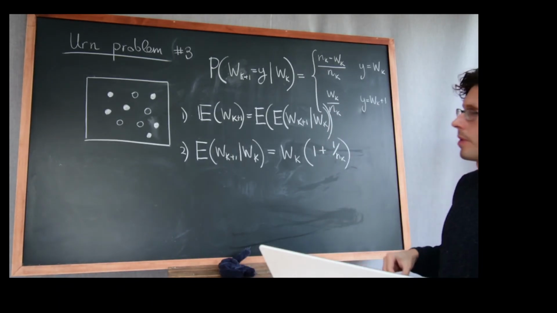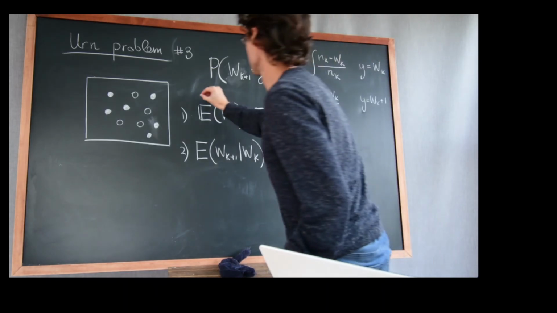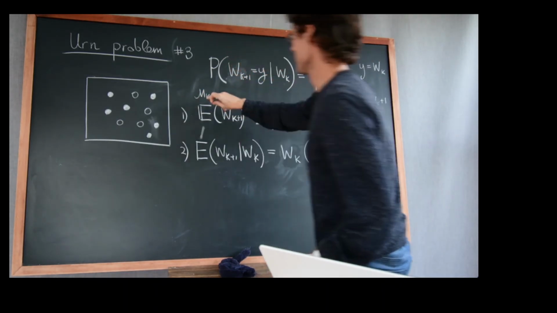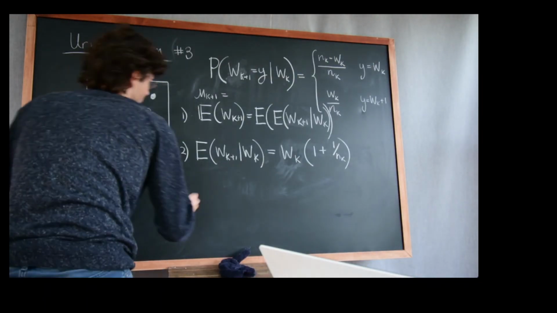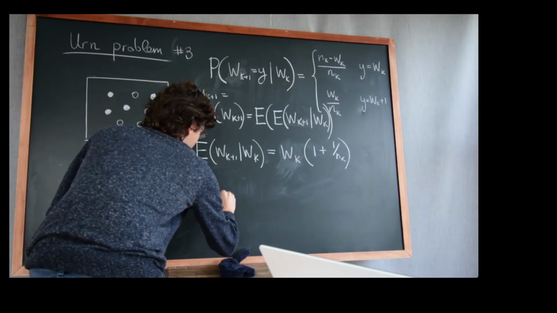So now step 3 is just to set this guy equal to mu k plus 1, right? That's going to equal this expectation here. And step 3 would be to write the recurrence relation.